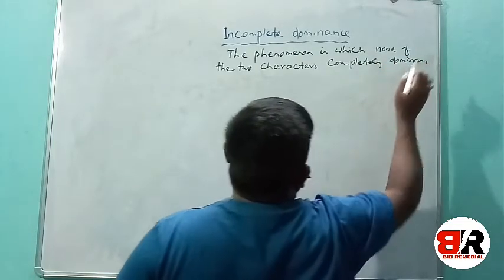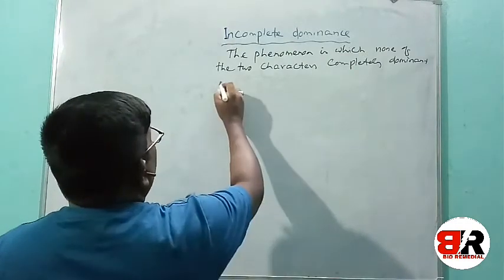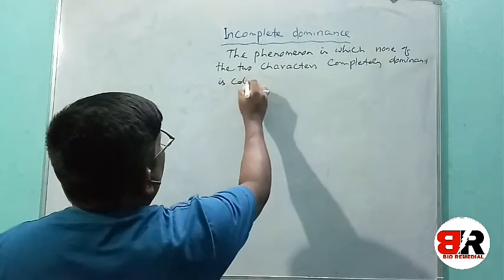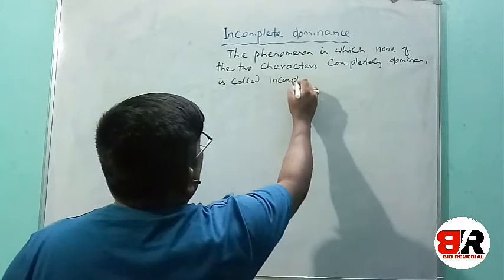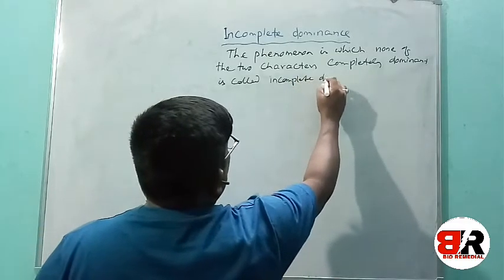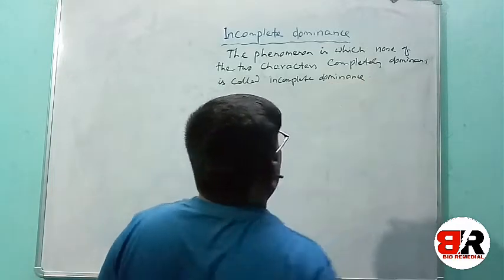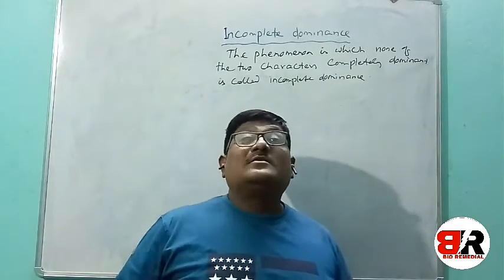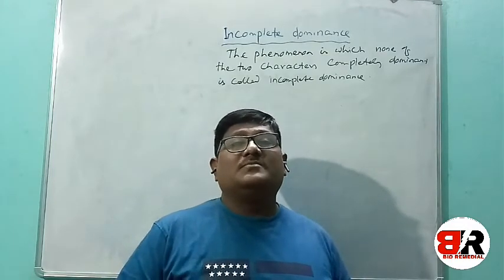That means both characters appear but not completely. This is called incomplete dominance. Students, here both the characters appear partially, merely present together in one organism.